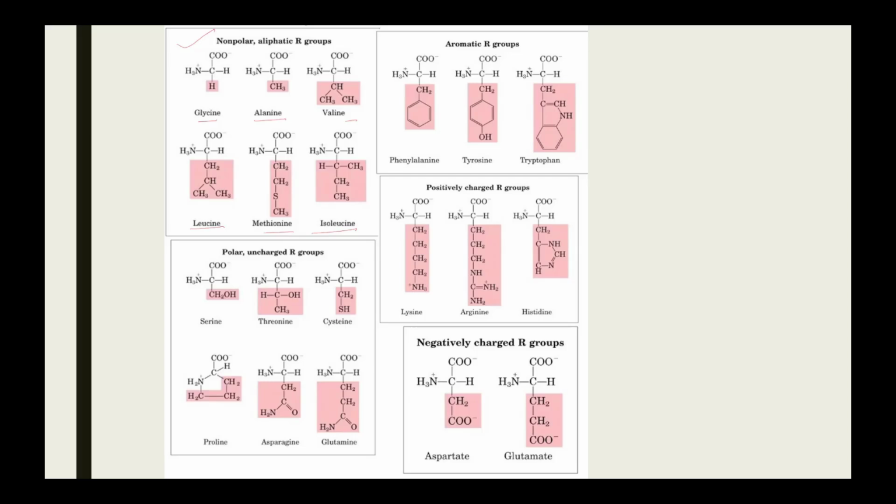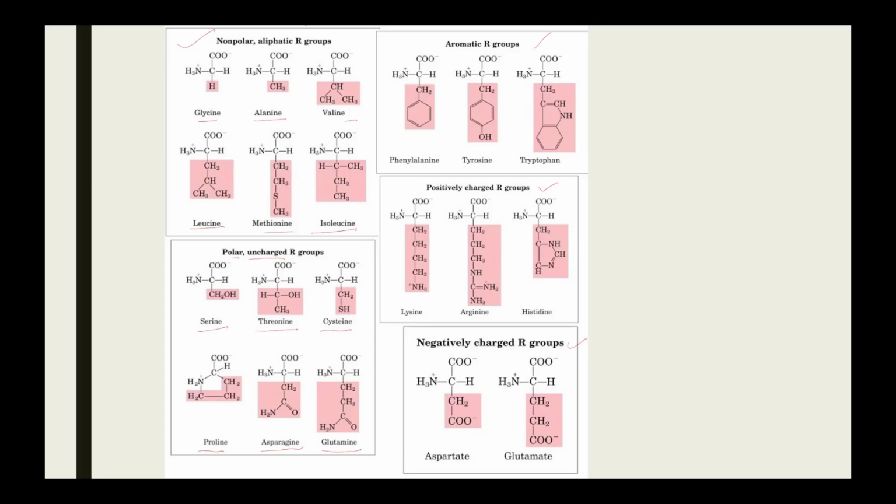Now then comes another group which is polar but uncharged R groups. Under this category we have serine, threonine, cysteine, proline, asparagine and glutamine. Other than this, we have another three groups, that include aromatic R groups, positively charged R groups, and negatively charged R groups.